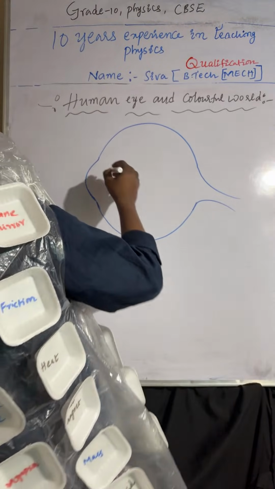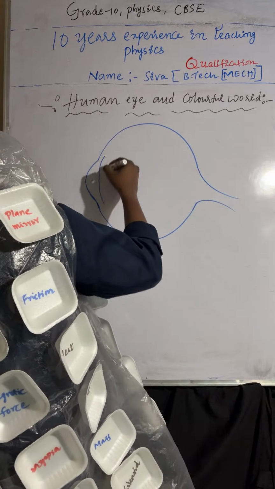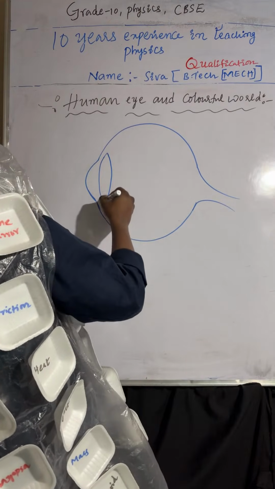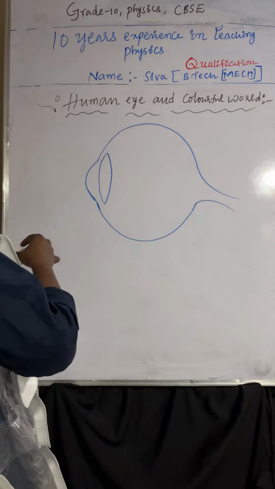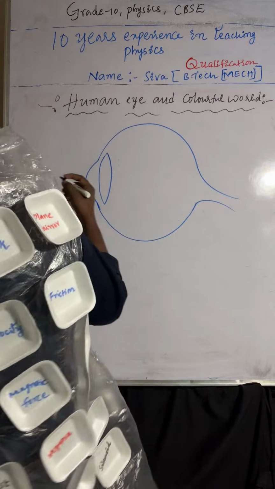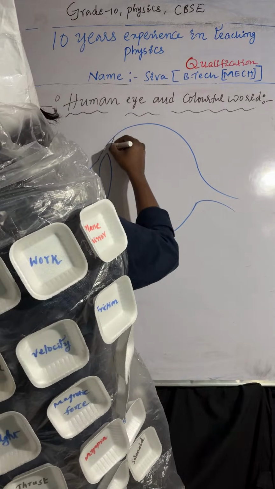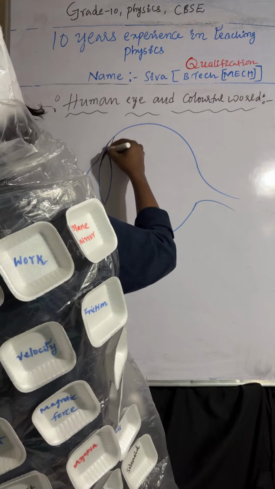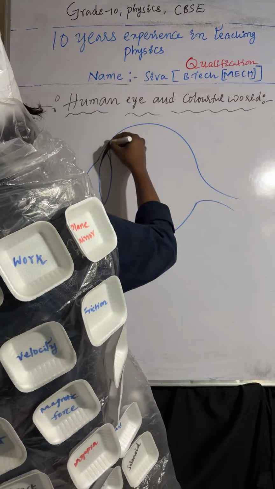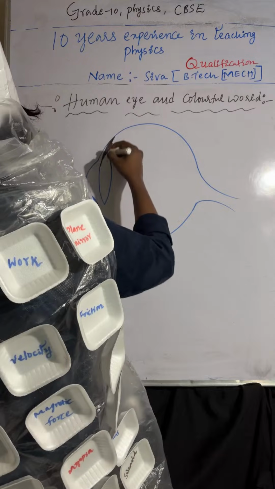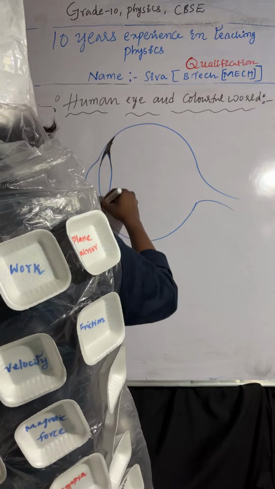Coming to the eye lens, I'm taking this eye lens. The eye lens is a convex lens. After that, we can consider the ciliary muscles. These are the ciliary muscles, like this and like this.